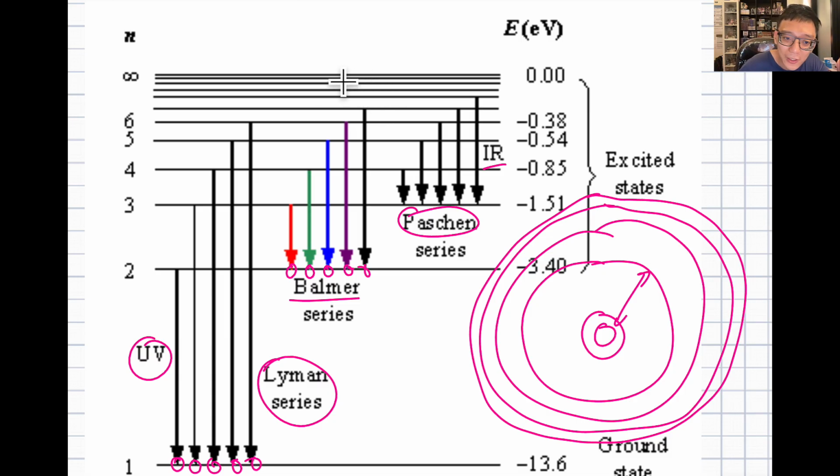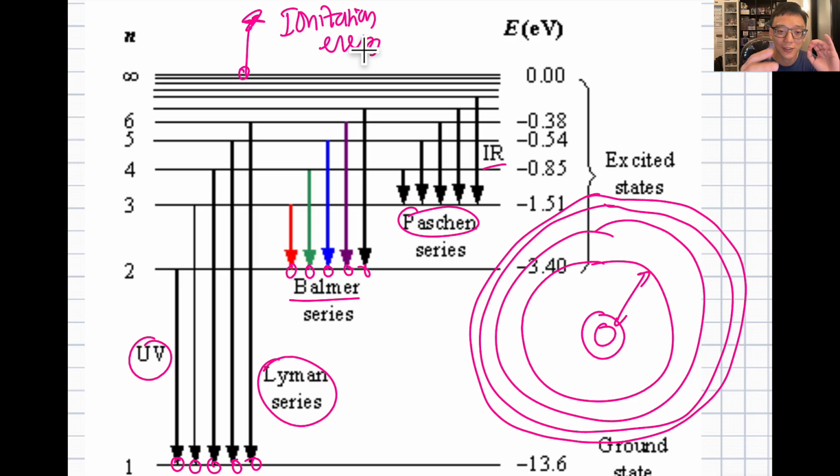If your electron is excited close to infinity, the electron will just go out, meaning that now we are talking about ionization energy. Because now your electron is gone, your atom permanently becomes an ion. But that we will talk about in another video.